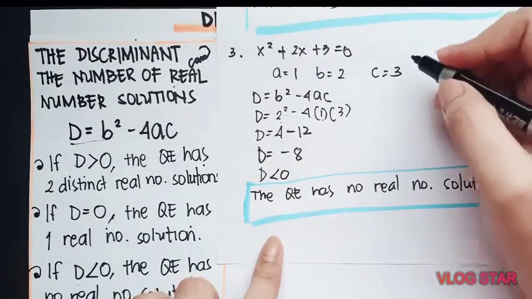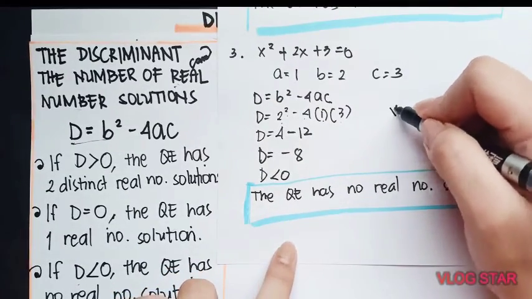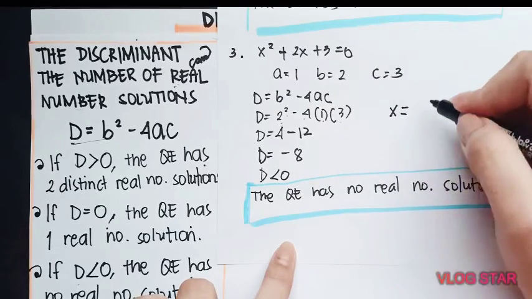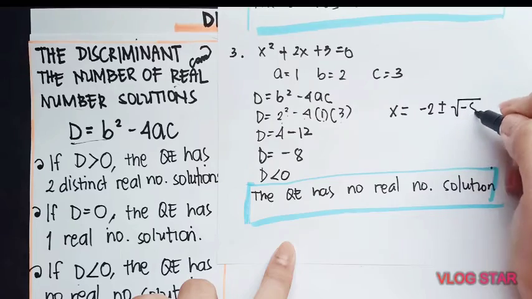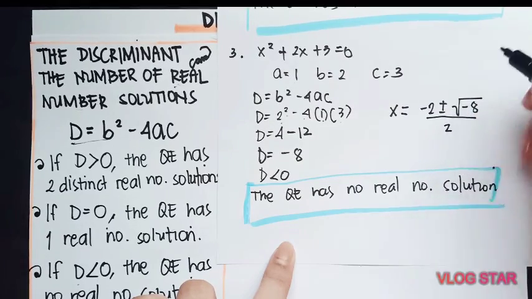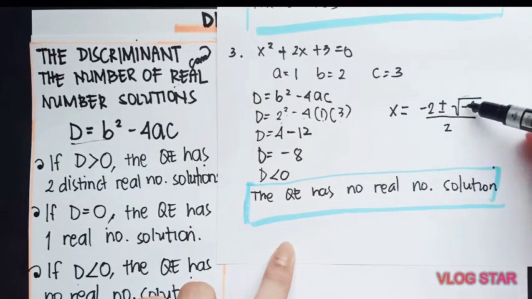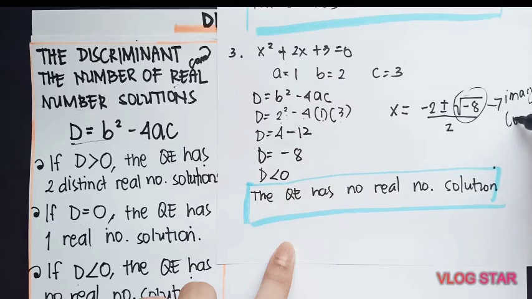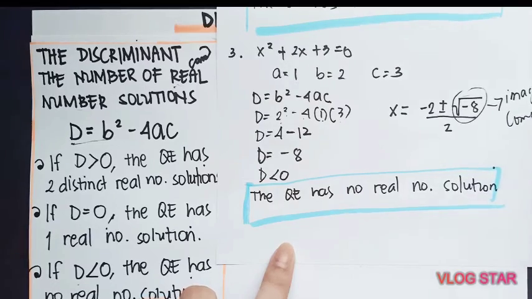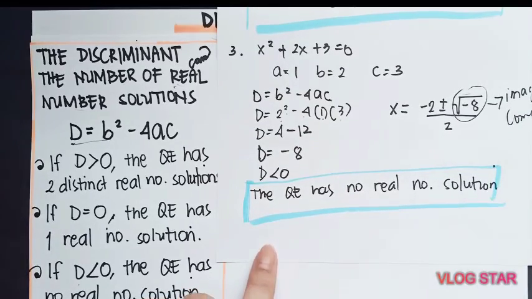You try to solve this one. The solution for this equation is x equals -2 plus minus the square root of -8 all over 2. So it has a square root of a negative number, which is an imaginary or a complex number. So this is not a real number.